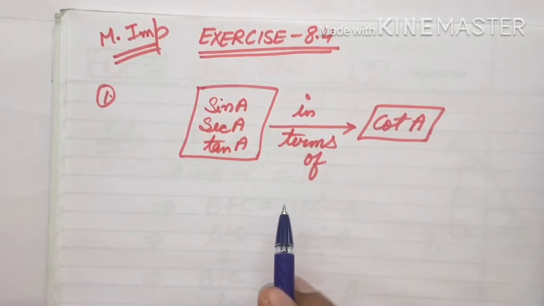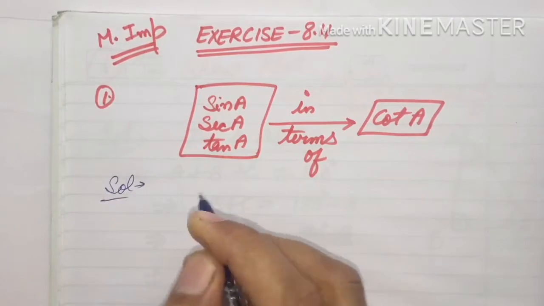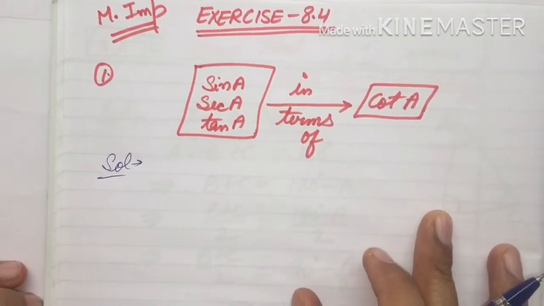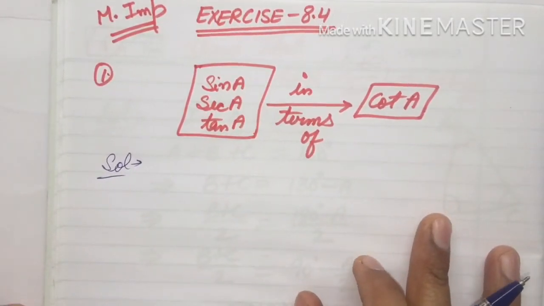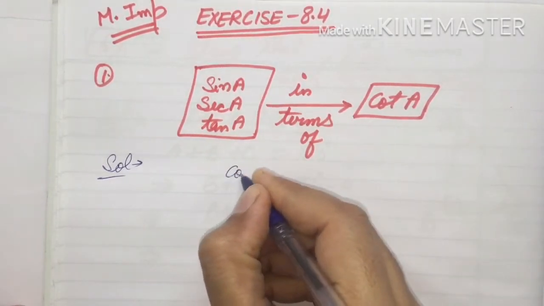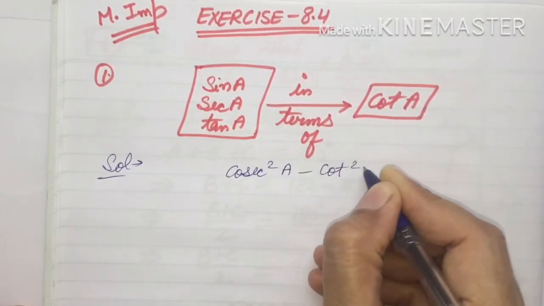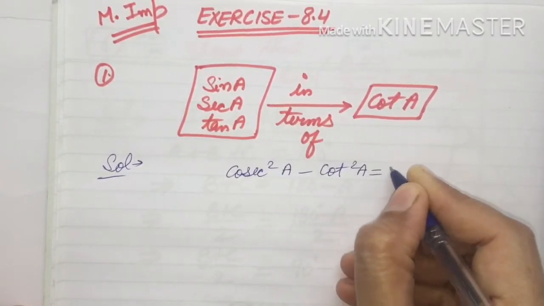For all these types of questions we have to remember all the trigonometric identities that we have discussed earlier. So in this question we will use the trigonometric identity cosecant square A minus cot square A is equal to 1.